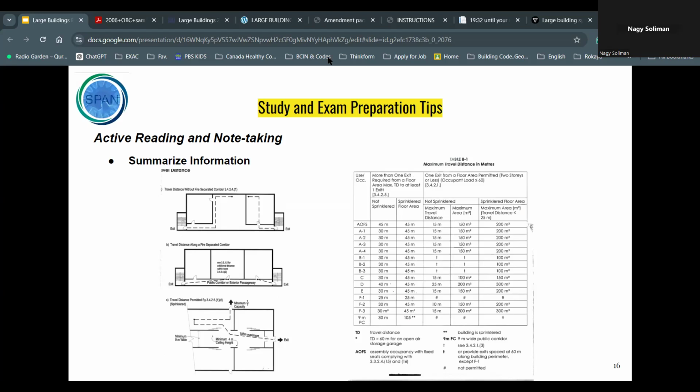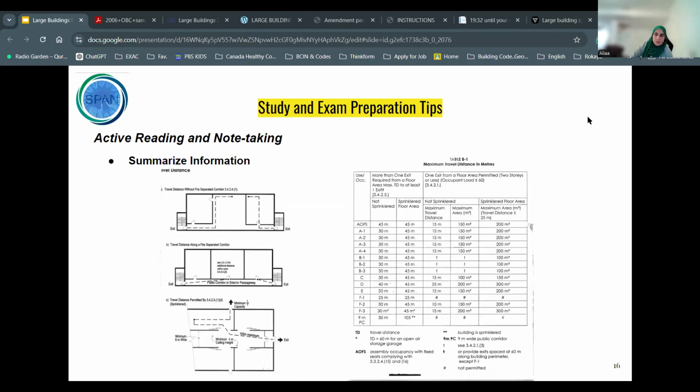Okay, that's good. Do you have any tips or questions for the legal exam or the small building exam? The legal exam is mainly about the Building Act and Division C of the code. For the small building exam, you need to study Part 9 and some sections from Part 3, but mainly Part 9.